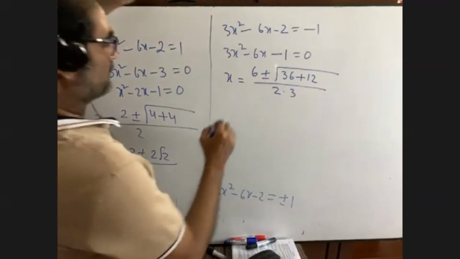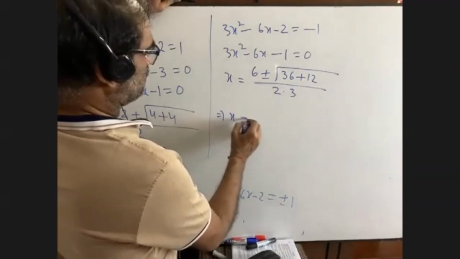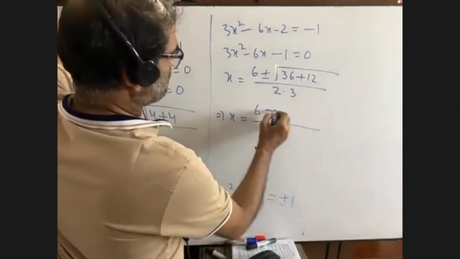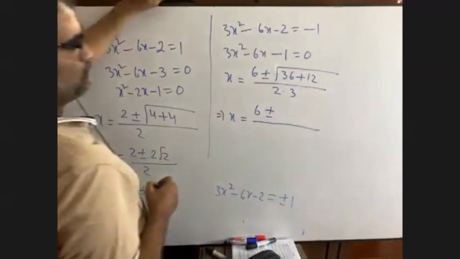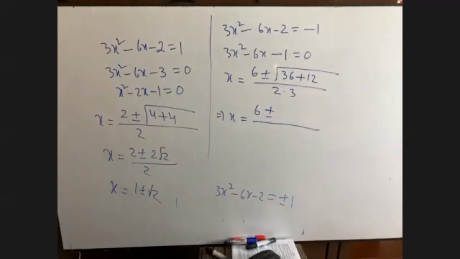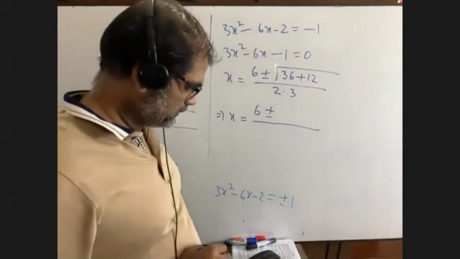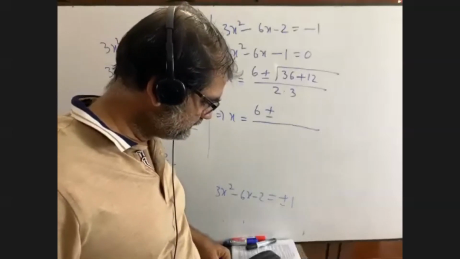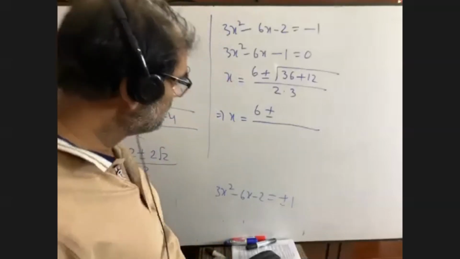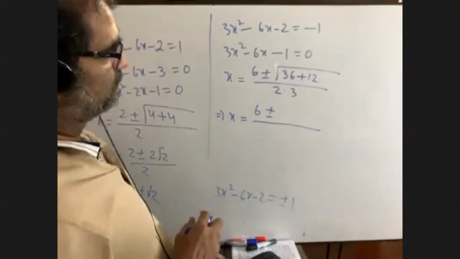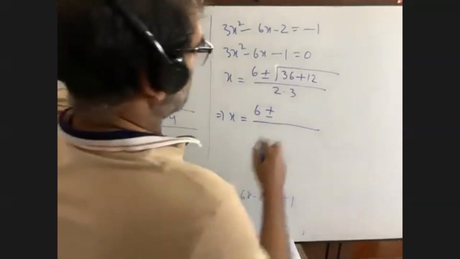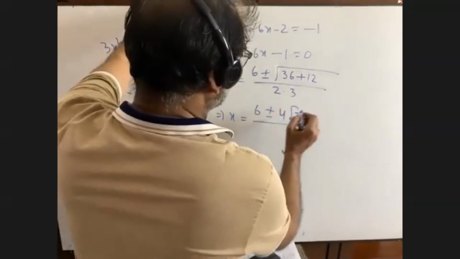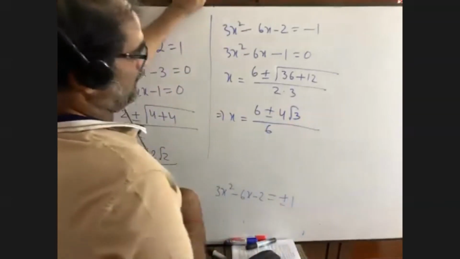That means x is equal to 6 plus minus, what should be written? 48. 48 means what? 4 root 3. So 4 root 3 by 6. Okay.